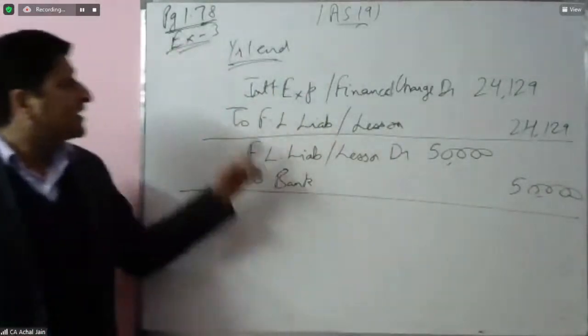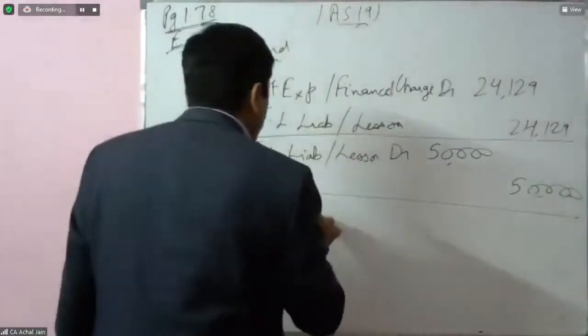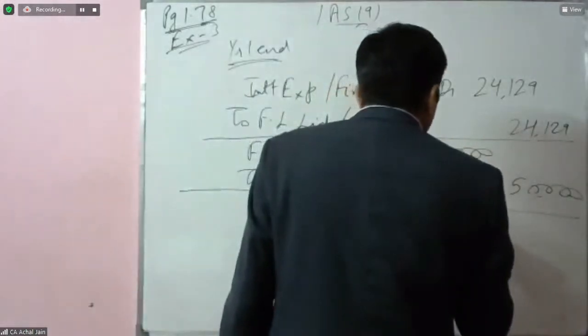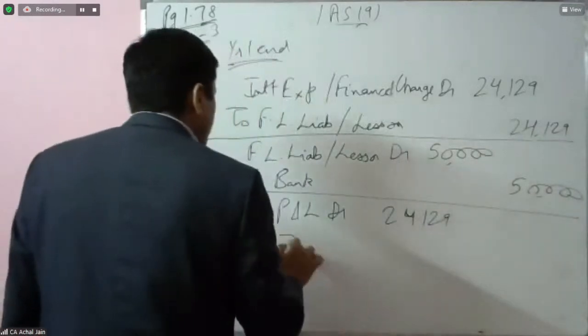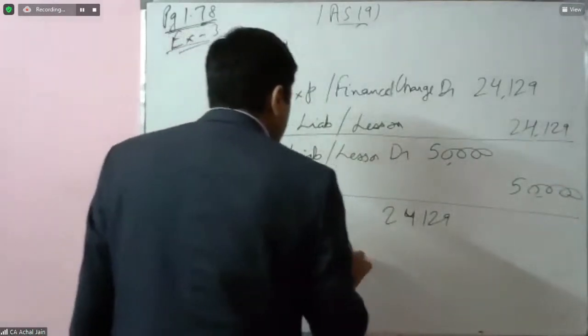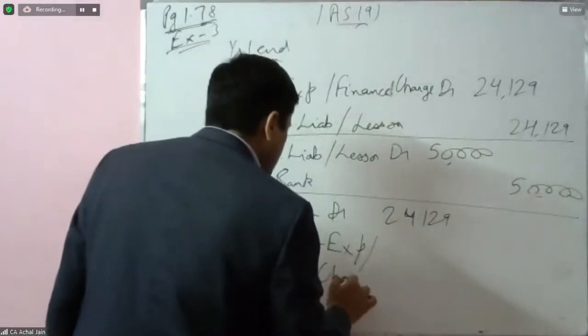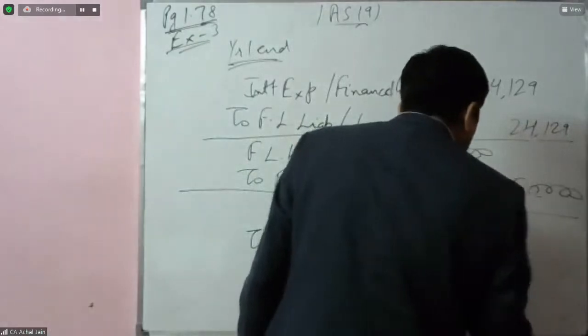And then this interest expense will have to be transferred to P&L. So you'll say P&L debit 24,129 to interest expense or finance charge 24,129.